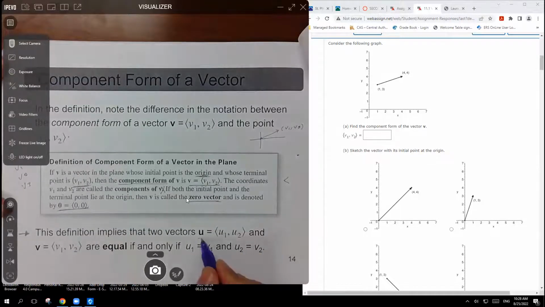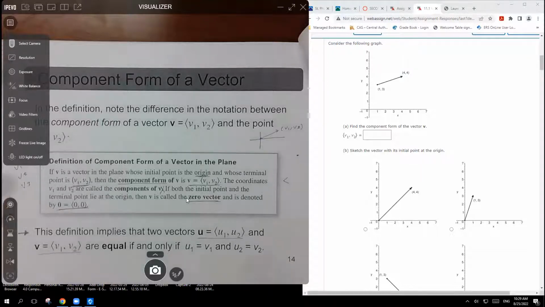This is the component form, and this is the component form for the other vector. If we check the first components, they're exactly the same, and the second components are exactly the same, that means these two vectors are equivalent, or equal. So it's easier to prove that two vectors are equal by just looking at the components if you write the vectors in component form.